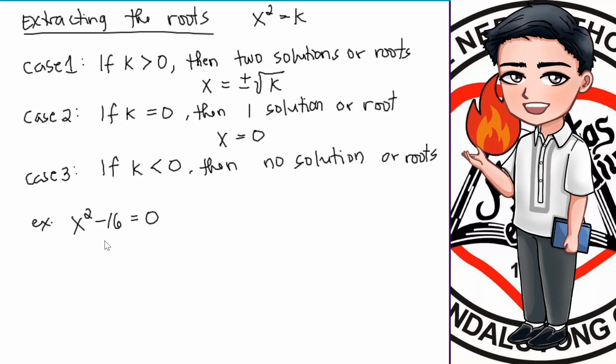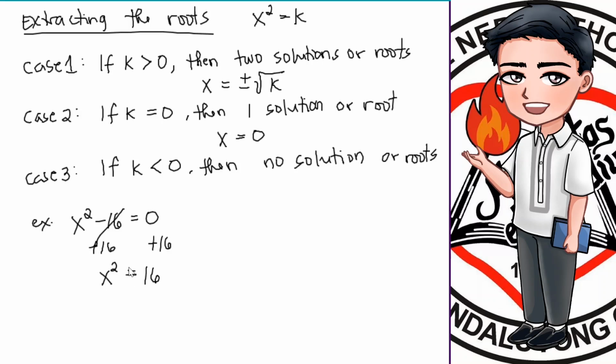To do that, we add 16 on the left side and add 16 on the right side. So negative 16 and positive 16 will give us 0. So that will be x squared equals 0 plus 16, which is 16.